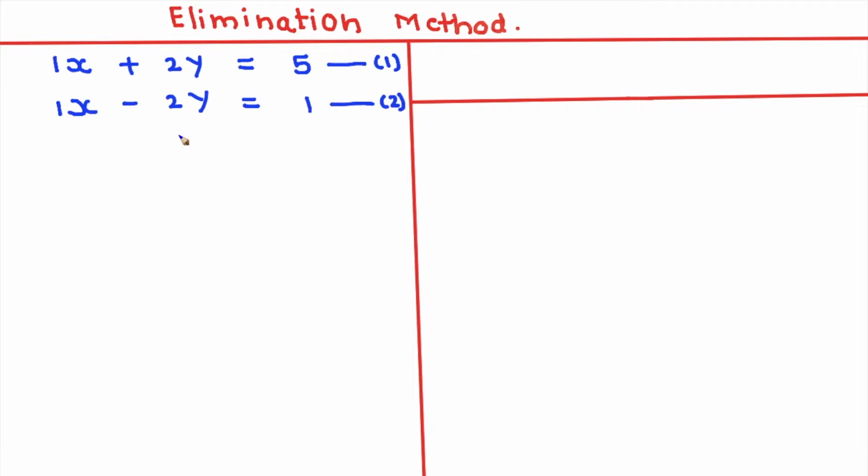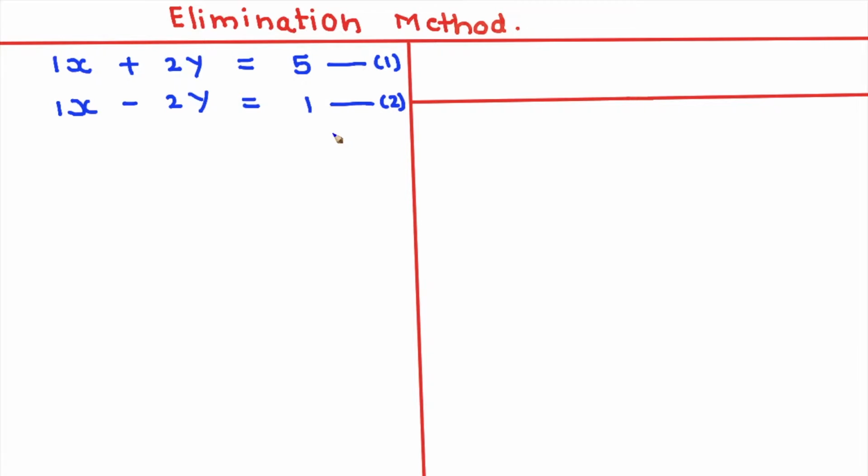So here our job is much easier because the coefficient of one of the variables, actually both variables, is already same. Now the next thing, we look to eliminate one of the variables.